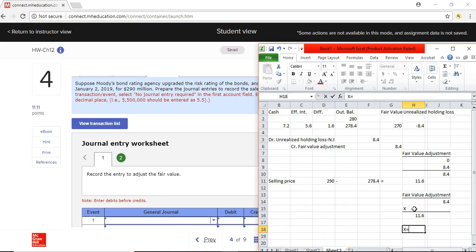So x is equal to, let me do this, negative 8.4 plus x should equal 11.6.